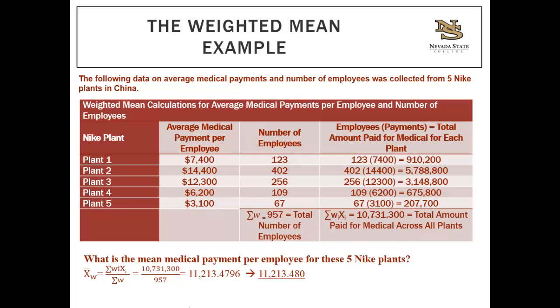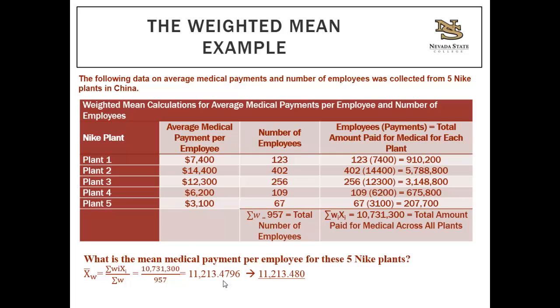So that's the numerator of your weighted mean formula. Then you take that total, all of the money spent, divide it by how many employees, and you end up with the mean medical payment per employee for the 5 Nike plants. So that is $11,213.48.